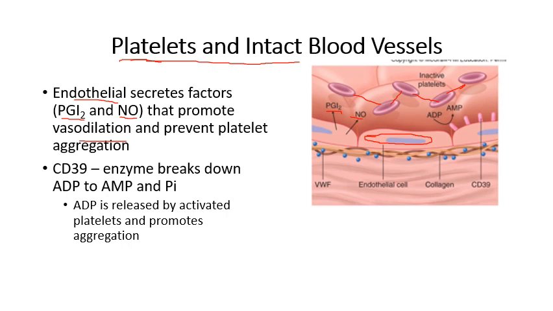Also on the blood vessels is CD39, an enzyme that breaks ADP down to AMP, because ADP, we will see, promotes aggregation of platelets, and at this point we don't want that taking place, so CD39 keeps the ADP levels low.